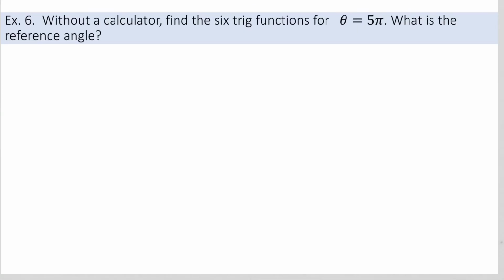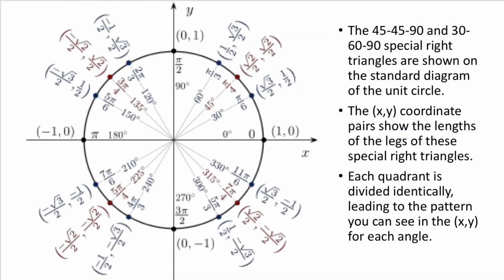So let's do another quadrantal angle. So we're talking about 5 pi here in the positive direction. So remember, this is 1 pi over here. All right, so if you look at your unit circle, that's 1 pi, pi being over here at 180 degrees. So basically, you're going to go 5 times around.